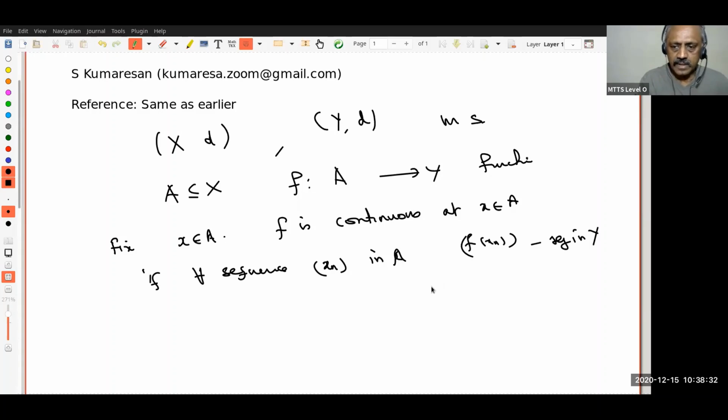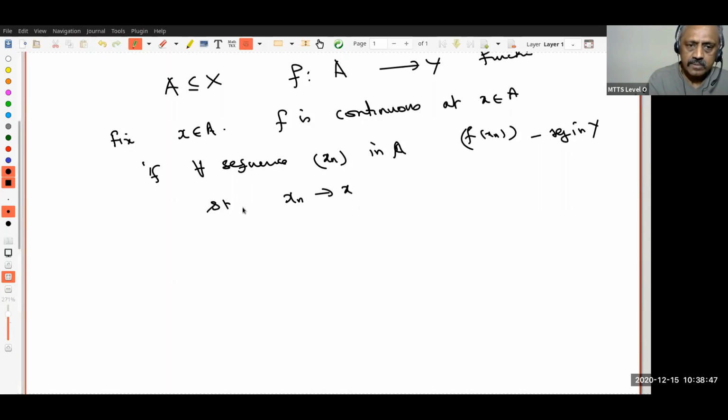So for every sequence x_n in A, not all sequences, but with the property x_n converges to x, we have the sequence f of x_n converges to f of x.